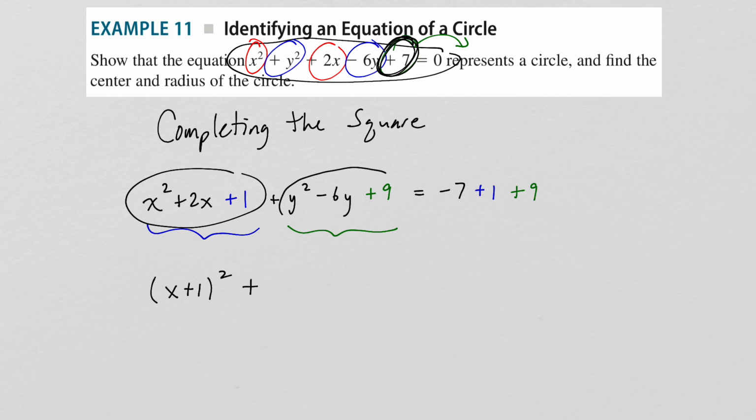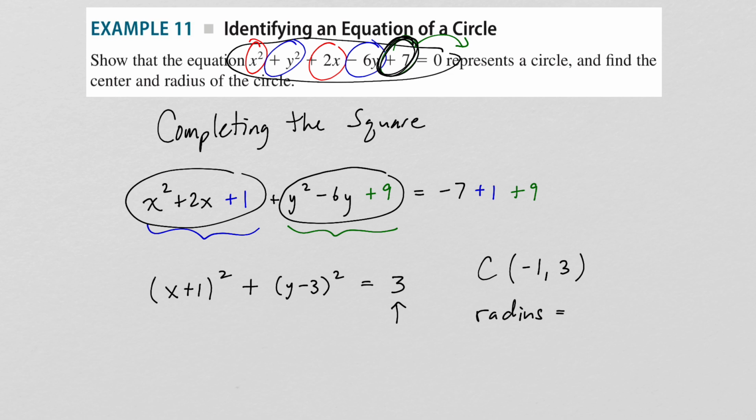Plus, we can factor this, which is y minus 3 quantity squared. And on the other side, we have negative 7 plus 1 plus 9, which is 3. And so the center of this circle is negative 1, positive 3, and the radius of this circle, remember now this is r squared, so the radius is going to be the square root of 3.